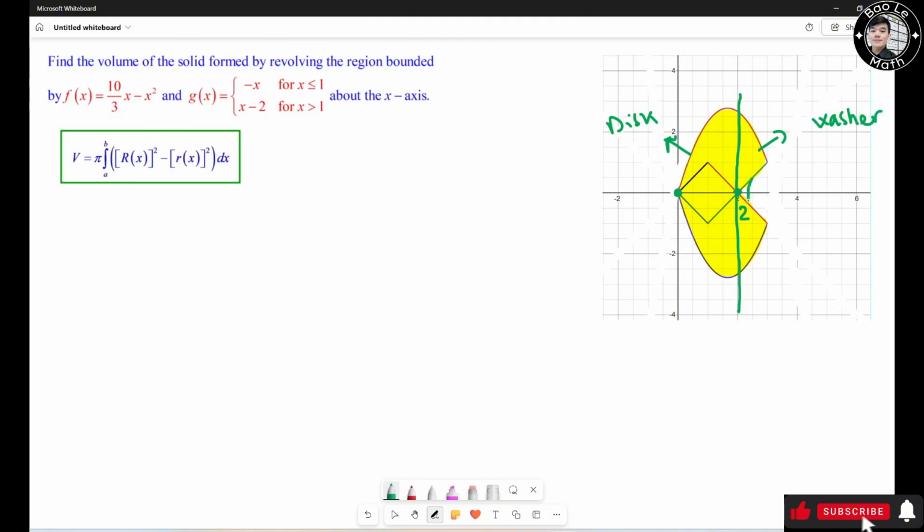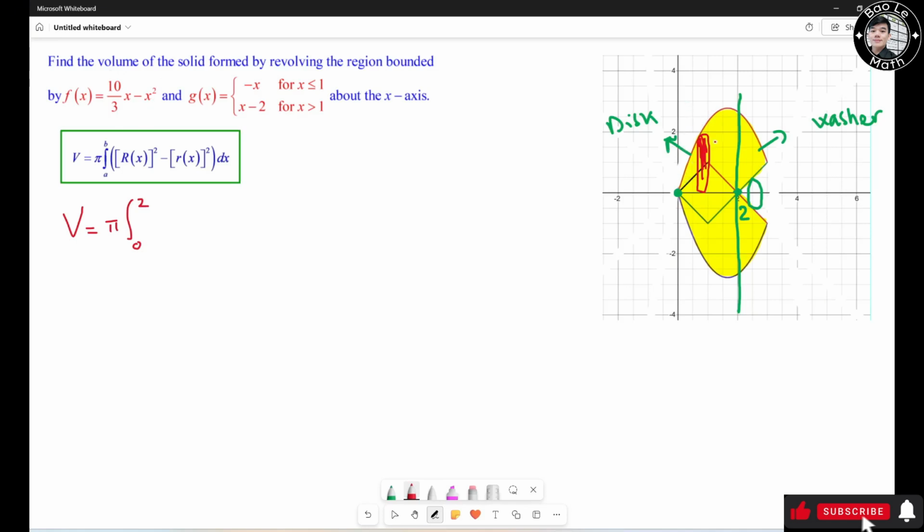So the first one is going to be V equals pi times the integral from 0 to 2. We need to find the radius of this solid right here. The radius is going to be from here to here. So basically, the radius depends on the upper one right here, the parabola.